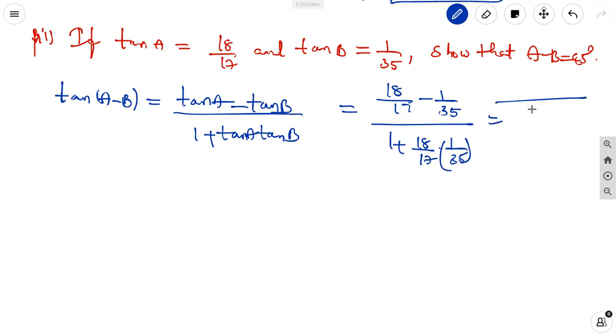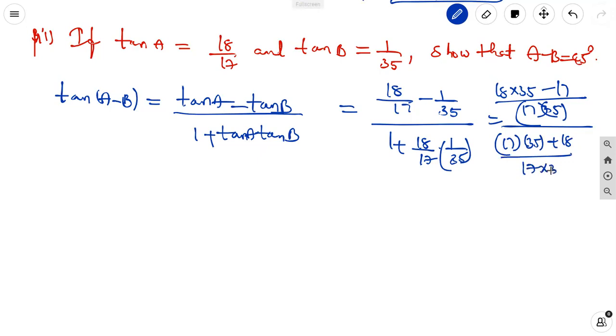Here also taking the LCM, 17 is a prime number, so 17 into 35. Here 18 into 35 minus 17 by 17 into 35, plus 18 by 17 into 35. These denominators get cancelled.